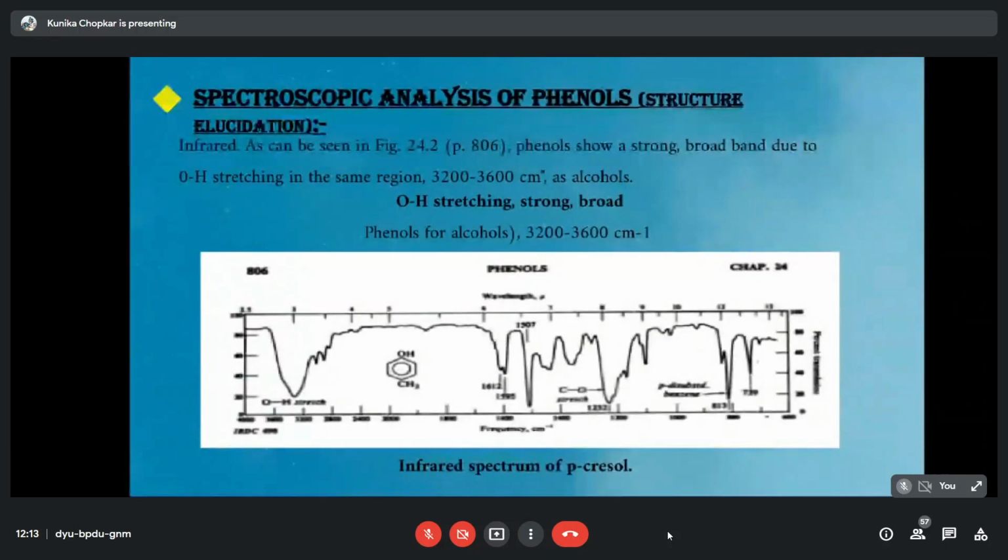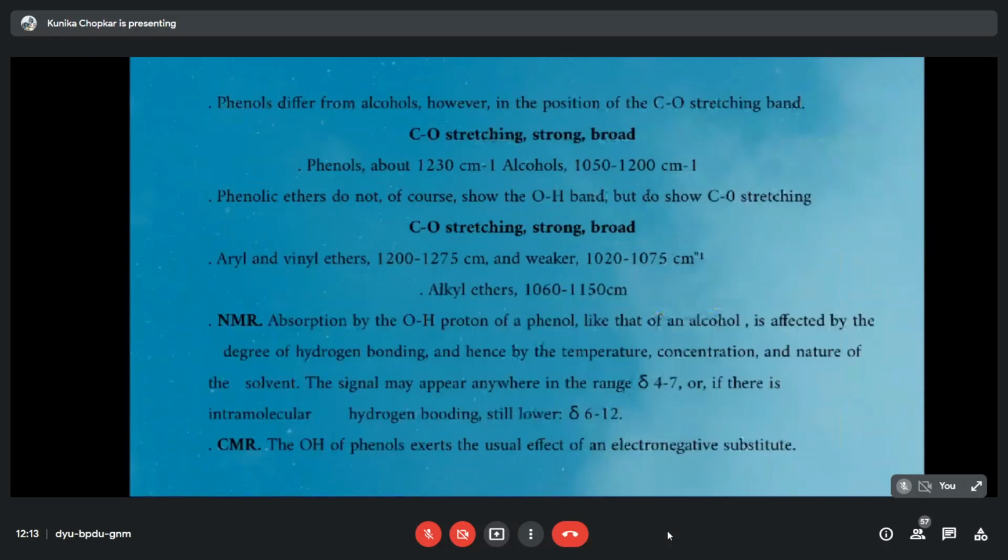OH stretching strong broad, the phenol and alcohol 3200 to 3600 centimeter inverse. Phenol is different from alcohol, however, in the position of CO stretching band. CO stretching strong broad. Phenol about 1230 centimeter inverse, alcohol 1050 to 1200 centimeter inverse.